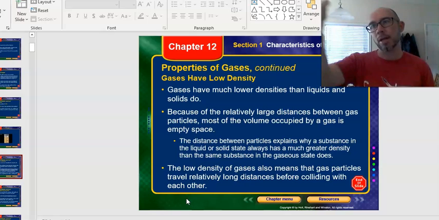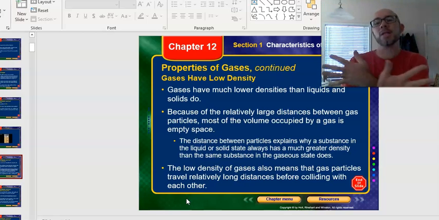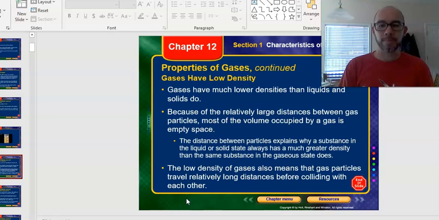So it's not like you'd be like, oh, I'm touching empty space, probably. No, they're far apart from each other and they're moving through that space very quickly. Low density, though, means that gas particles travel long distances before colliding with each other. But they do, and they're going fast.